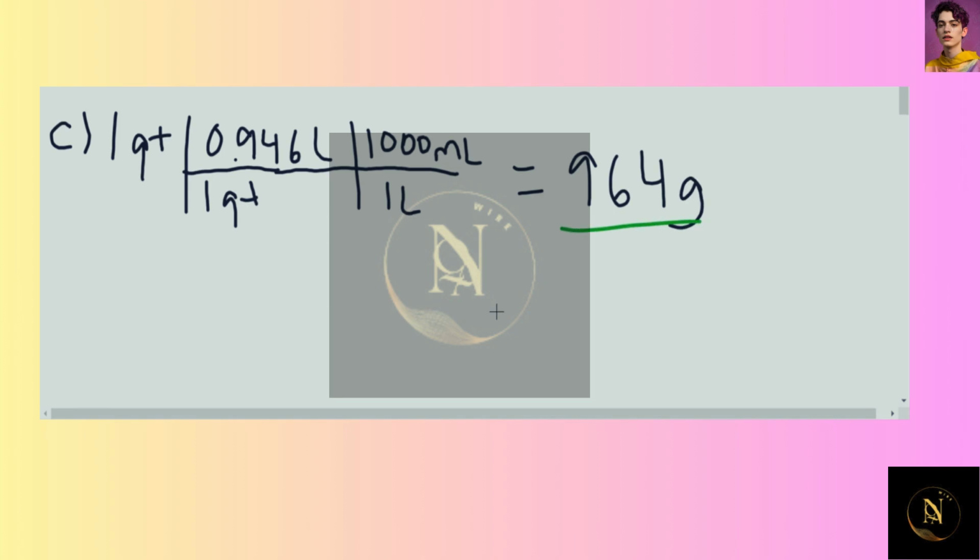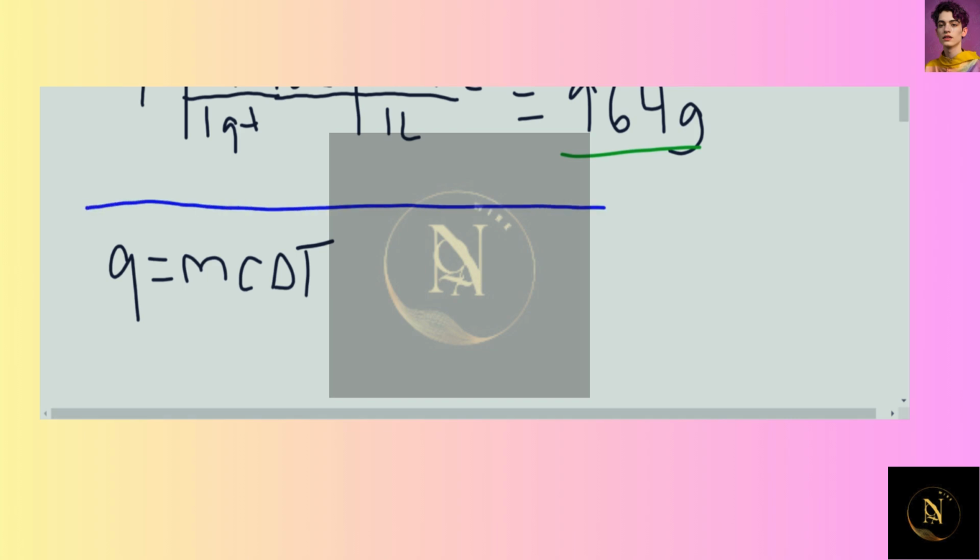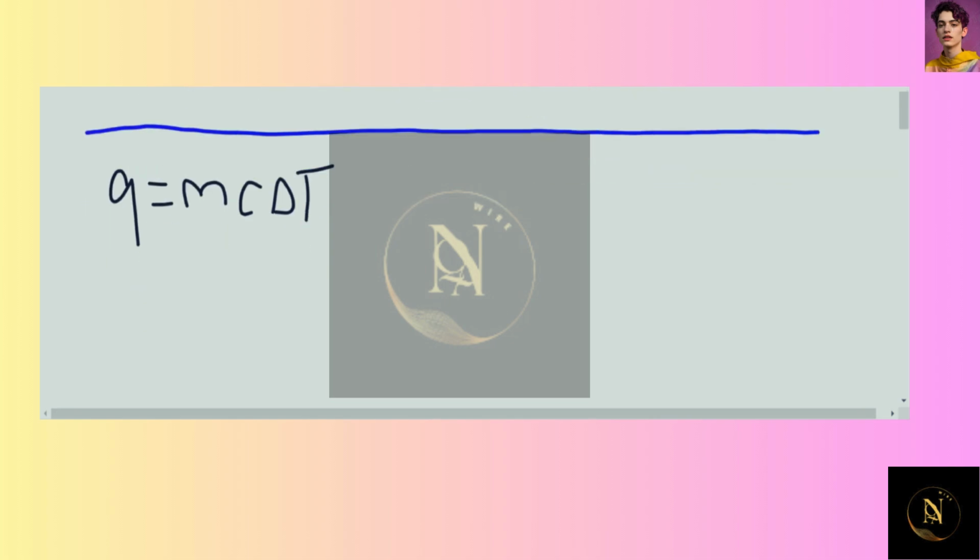Using this mass, we can plug this into our heat transfer equation, which is Q is equal to mc delta T. Let's divide this up so it's easier to see. We can plug it in to find our heat.